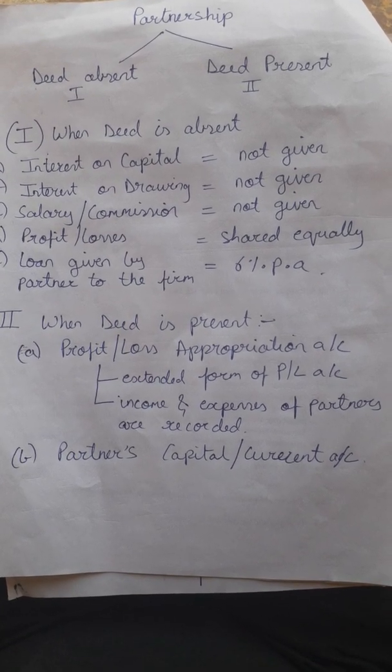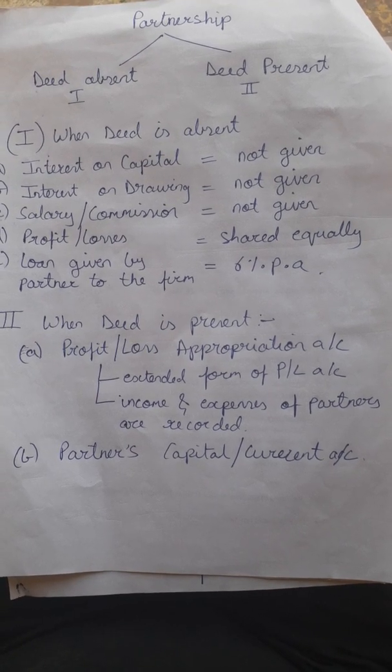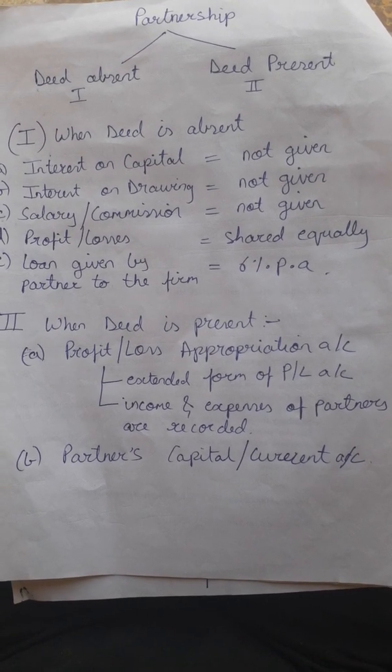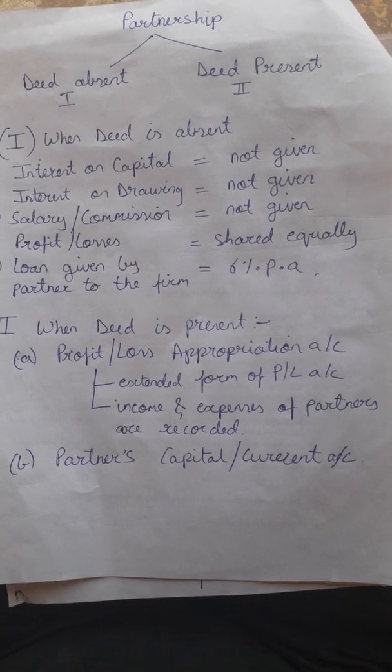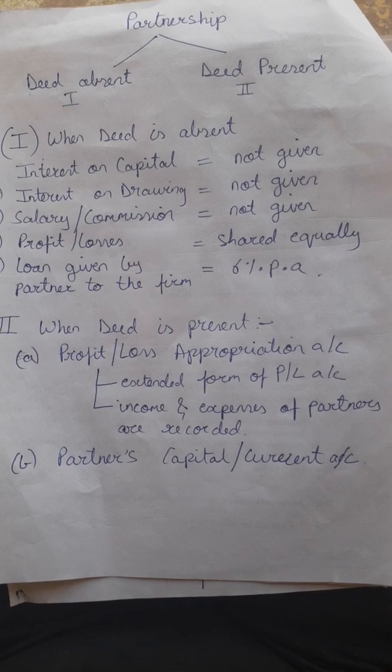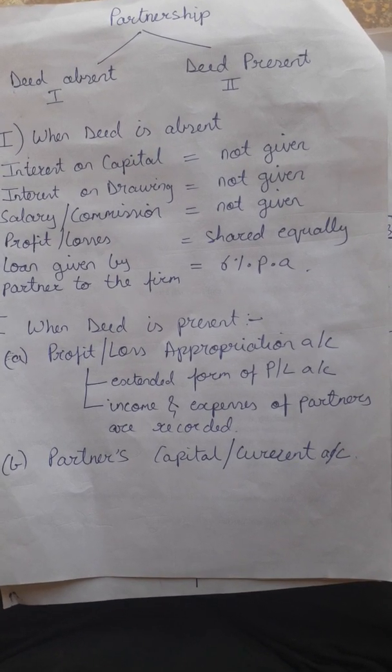When you did final accounts, you had made three accounts: trading account, profit loss account and balance sheet. In profit loss account, you had noted all the expenses of the firm on the debit side and all the income of the firm on credit side.